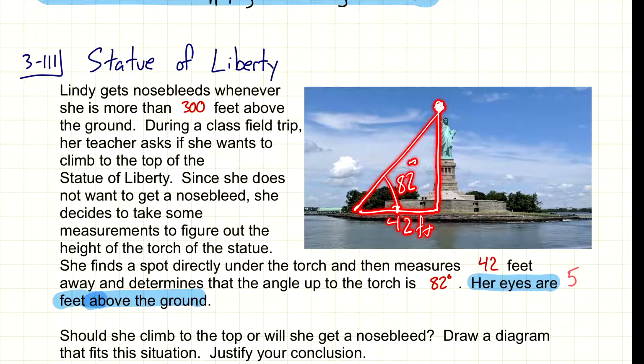So that angle is 82 degrees. So if you notice, we have a right triangle, where we know an angle and we know a side. This is exactly what we've been preparing for with our tangent ratio.